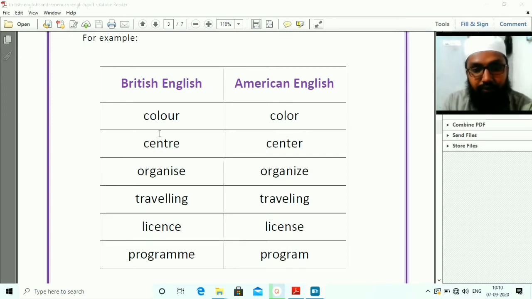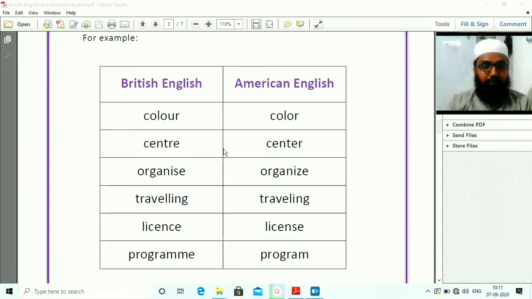In British English we write CENTRE, whereas in American English we write CENTER. At the beginning itself I gave one chart, and in that chart also you might have understood very well. To help you understand more, I have given this one. Try to understand with this table.